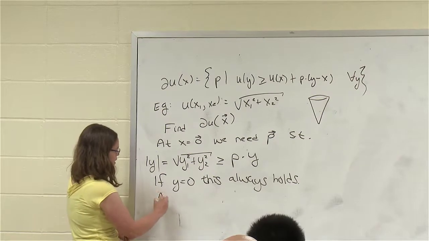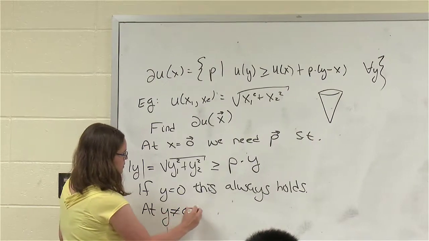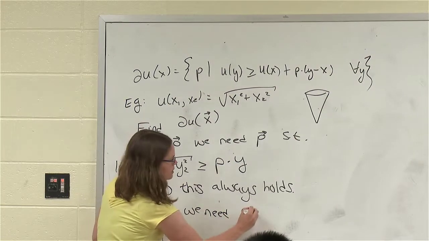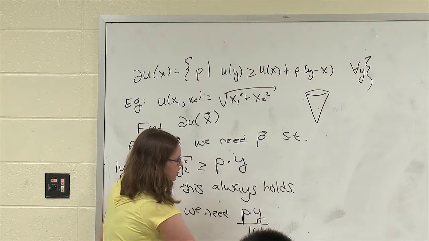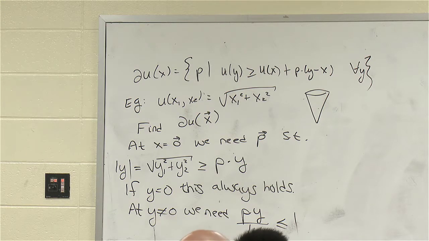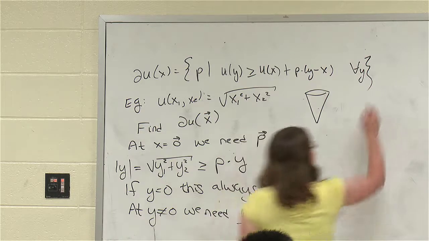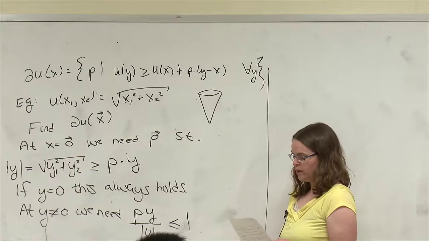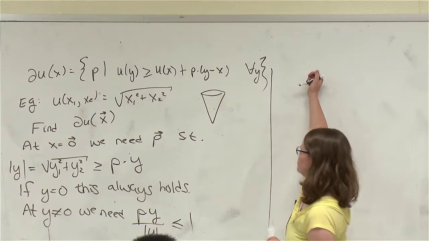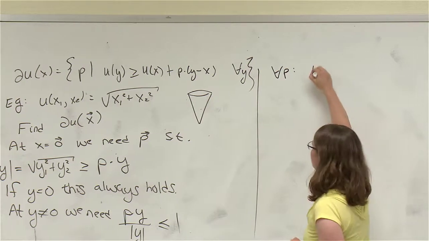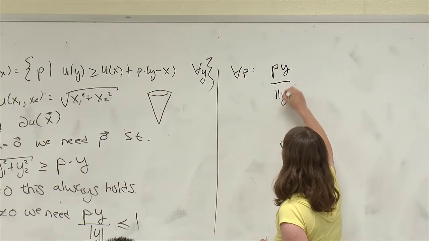Okay. At y not equal to 0, we need basically p dot y divided by the norm of y to be bounded by 1. Okay, so no matter what p we choose, for every p that we like, we're going to have p dot y divided by the norm of y.